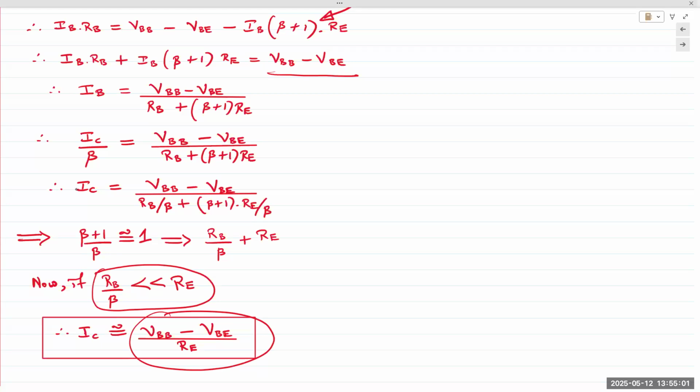We're always working backwards as an engineer. We have a goal and you always work backwards. So at the beginning of our design, if we choose RB such that RB over beta is far less than RE, then IC is not dependent on beta. The effects of beta would be very minimal or minimized. Okay.